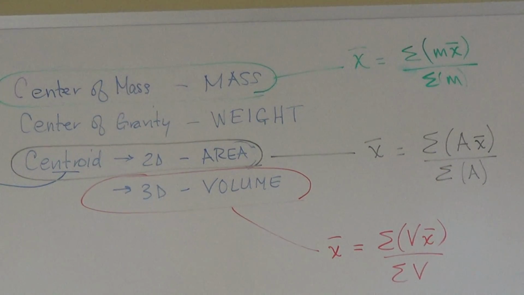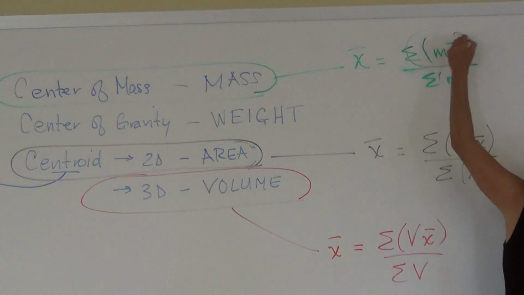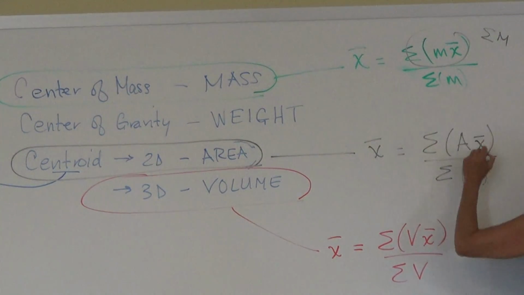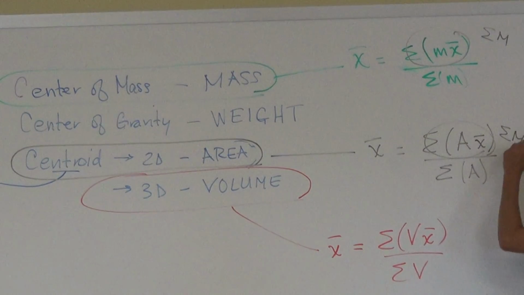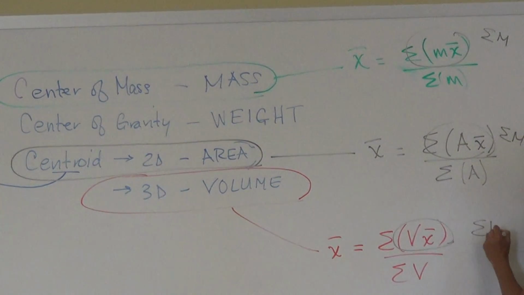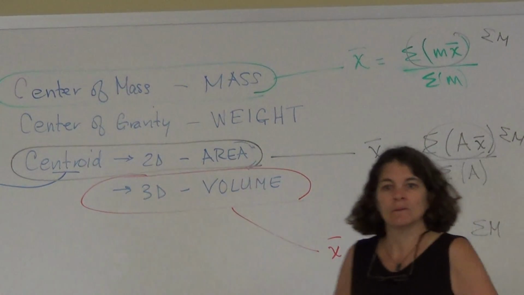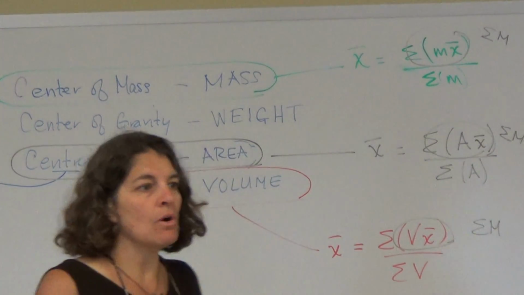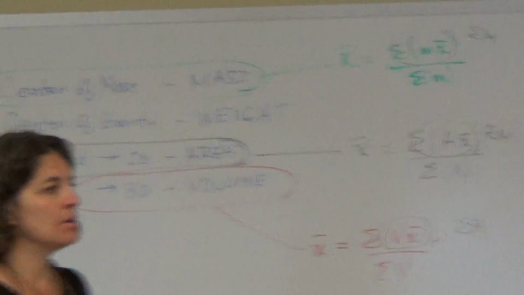You said if you multiply the forces times the distances, we're talking about sum of the moments. Believe it or not, this is called sum of the moments. This is called sum of the moments. This is called sum of the moments. These are all called the first moments.